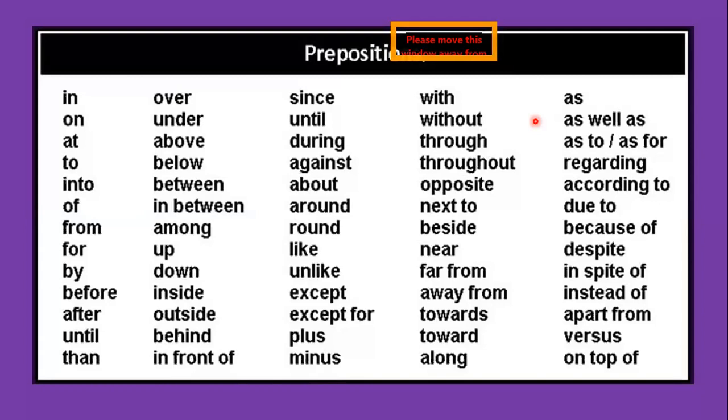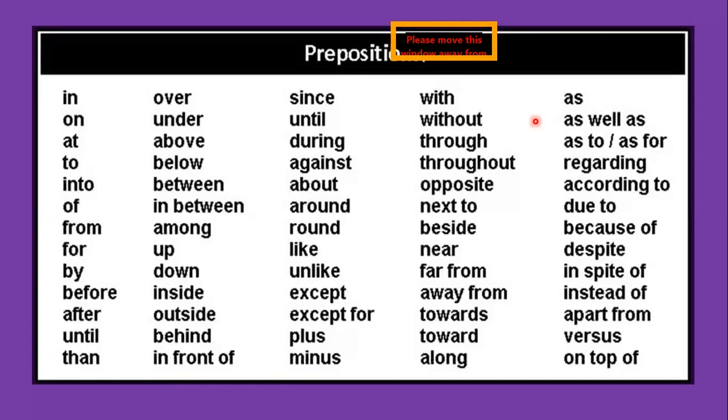Now, Ishil, you want to know as to and as for, right? So we use as to and as for a contrast, basically. Okay, when we are saying as to, we'll say compared as to this is much better. So this is where we use as to. Okay, it's used for a comparison, basically. And as for is like they have asked as for help, but I won't be helping them.